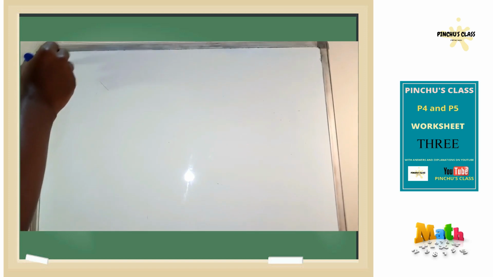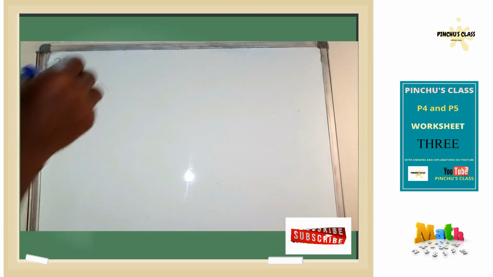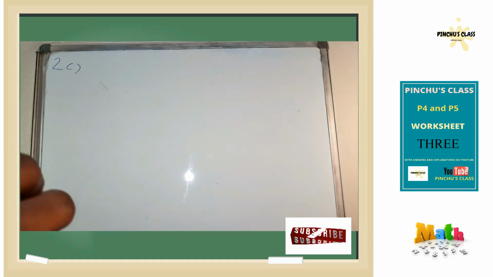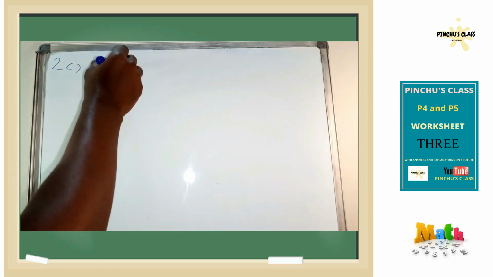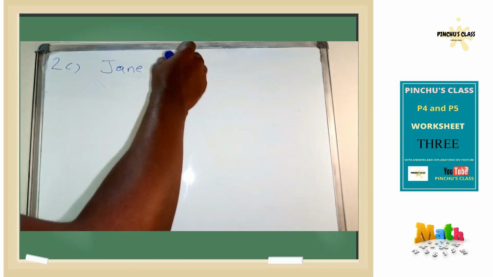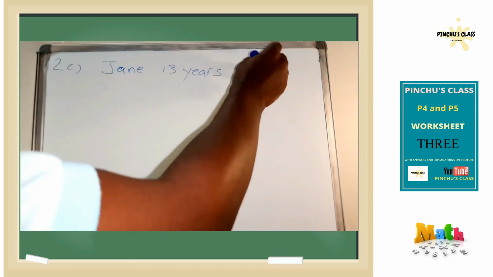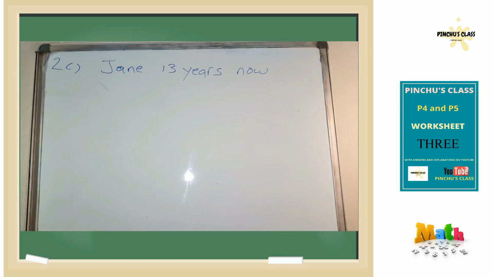Then part C of number 2. How old was Jane 3 years ago? So we're going to remember Jane is now 13 years old. Okay, now they have asked how old was she, sorry, 3 years ago.